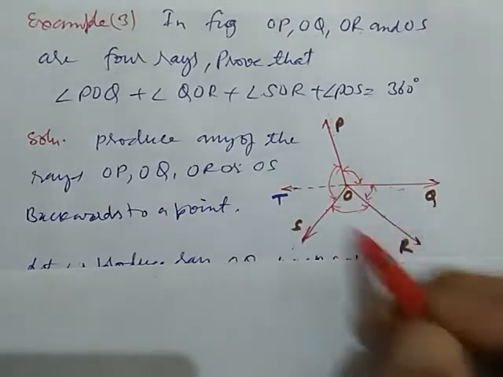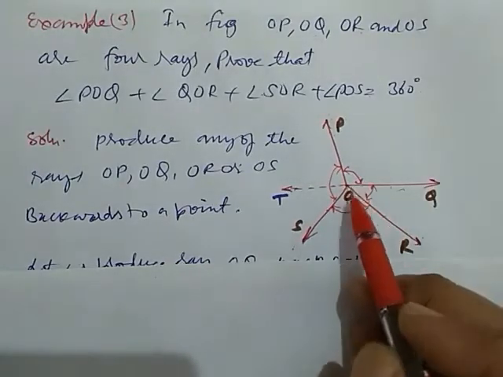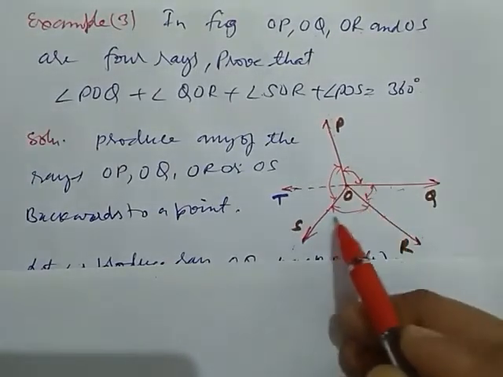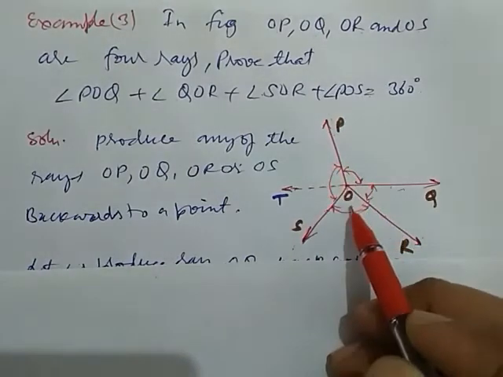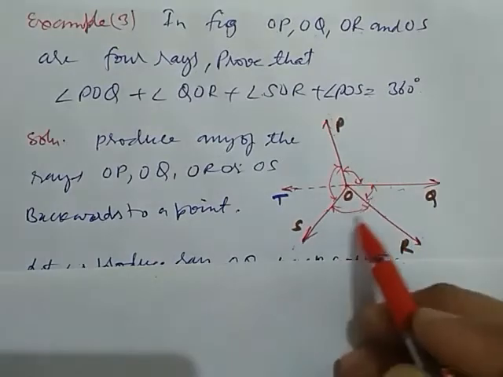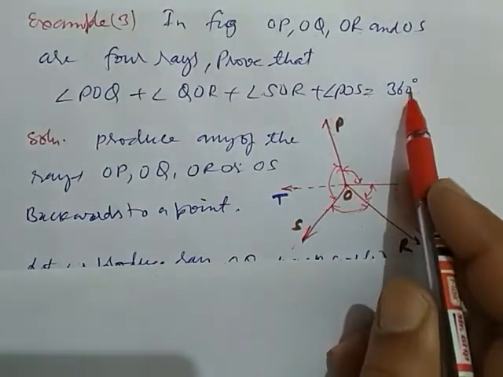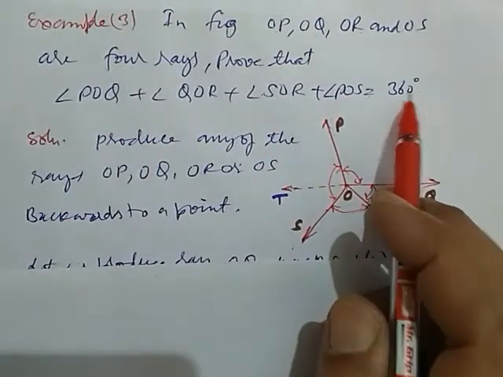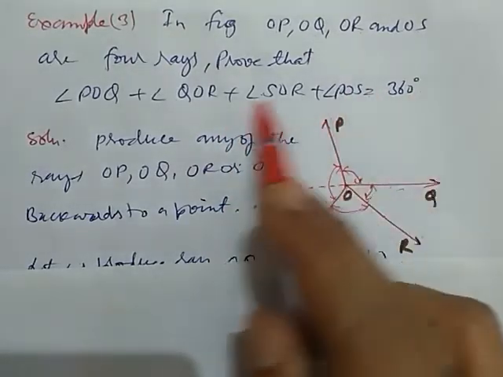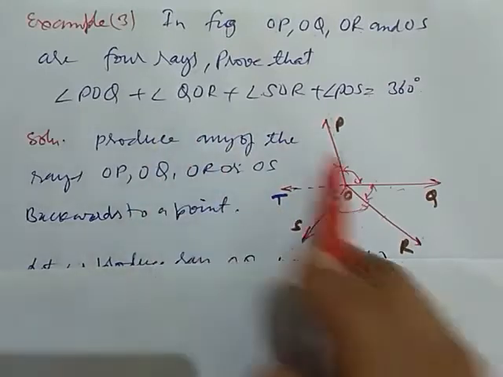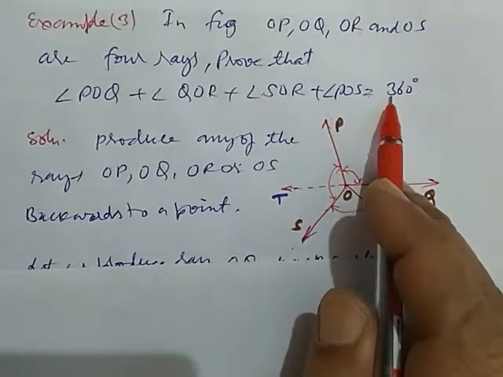These 4 angles complete the full turn around the point, so their sum is 360 degrees. They form a complete angle, so the sum is 360. This is given to us. And what we have to find? We have to prove that the sum of all these 4 angles is 360 degrees.